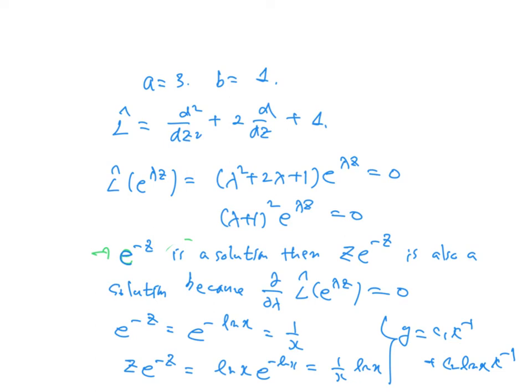So at least the ordinary differential equation with constant coefficients and also the equidimensional ordinary differential equation can be solved exactly for the homogeneous case. And the next step is to consider the inhomogeneous case.